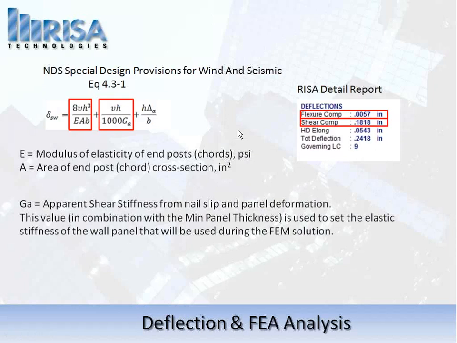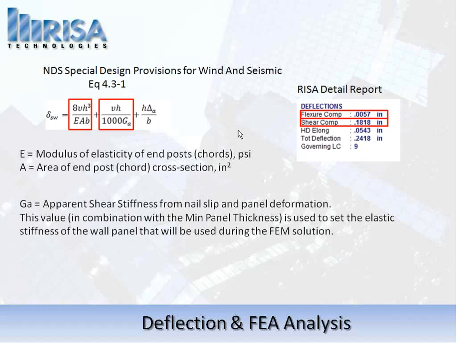The next piece is based on the apparent shear stiffness, or the GA value, and that's the shear component. That's calculated in combination with the minimum panel thickness that we set in the schedule to set the elastic stiffness of the wall.